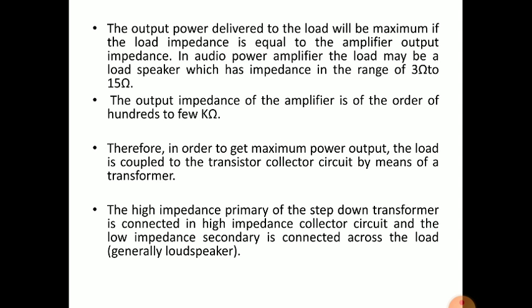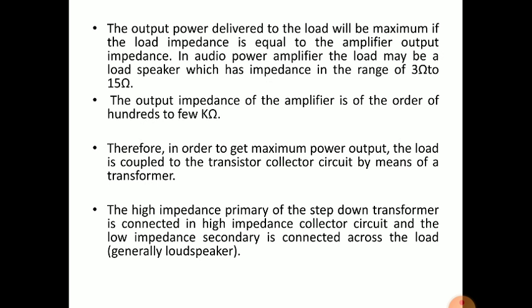The high impedance primary of the step down transformer is connected in the high impedance collector circuit, and the low impedance secondary is connected across the load, generally a loudspeaker.